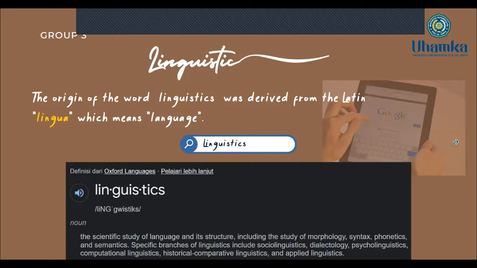Specific branches of linguistics include sociolinguistics, dialectology, psycholinguistics, computational linguistics, historical comparative linguistics, and applied linguistics.